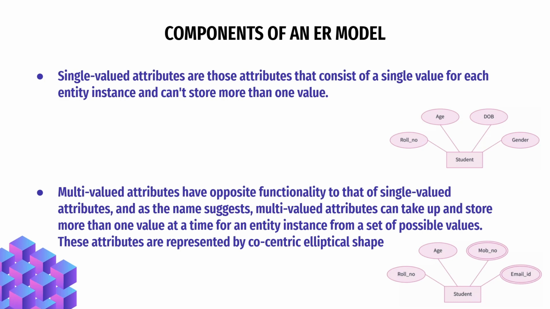Similarly, in multi-valued attributes, each attribute can possess multiple values. For example, a student can have many mobile numbers as well as many email IDs. So they are considered to be the multi-valued attributes, and these multi-valued attributes are represented with concentric elliptical shape.